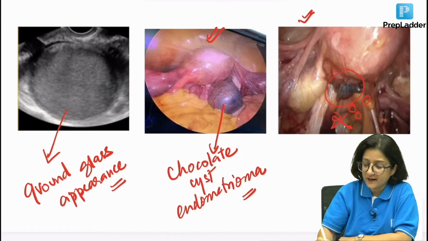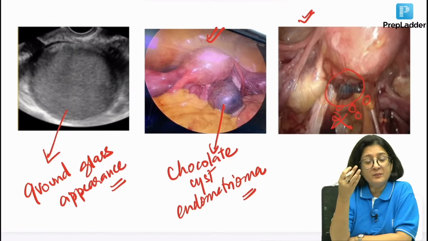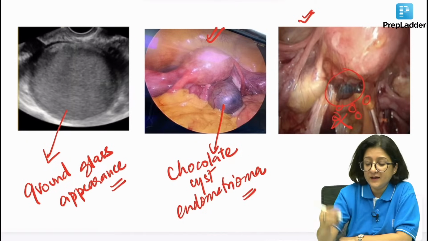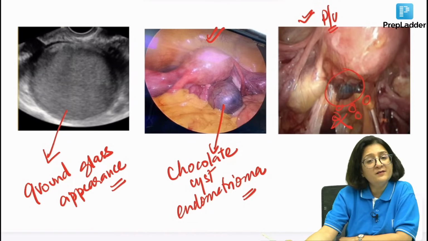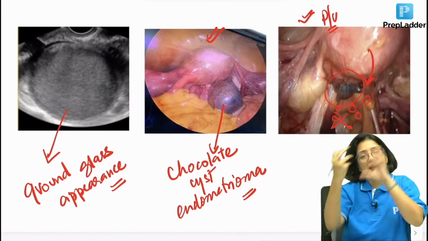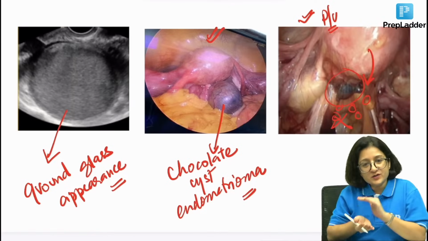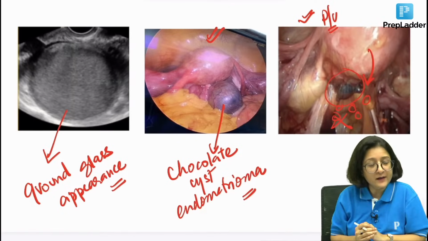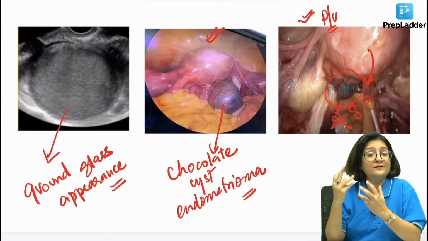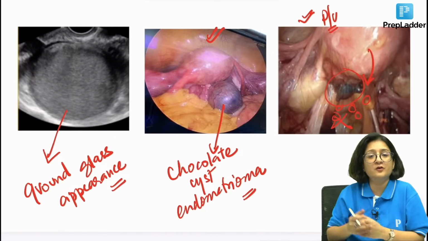Various deposits can be there on the pouch of Douglas also, and that is why, in your clinical examination on PV, what do you find? That the uterus is pulled back, retroverted, fixed, with tender nodules in the posterior vaginal fornix. Those sorts of clinical findings you find, and this is what the laparoscopic image will look like.